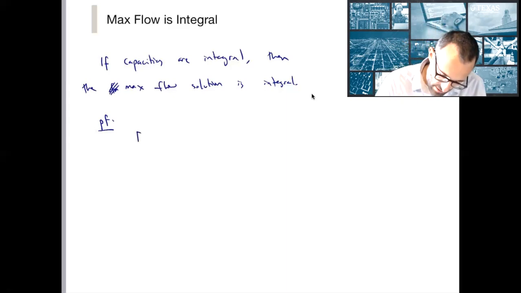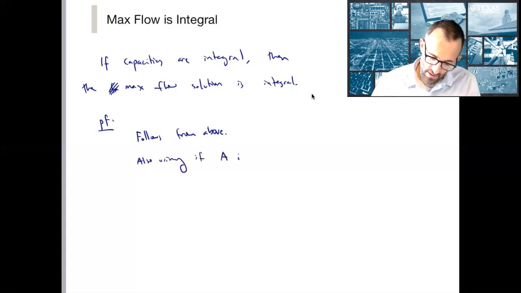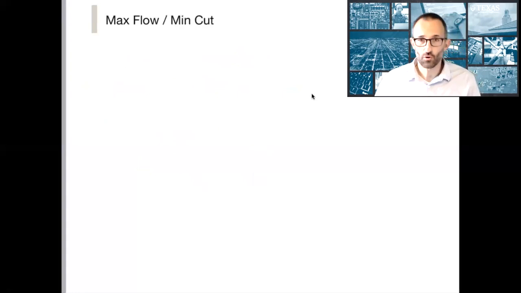So I'll just say this follows from above, which you're going to show yourselves, and also from the fact that if A is totally unimodular, then any subcollection is going to be totally unimodular, which is just from the definition. So any submatrix is totally unimodular. And of course, we can keep going.